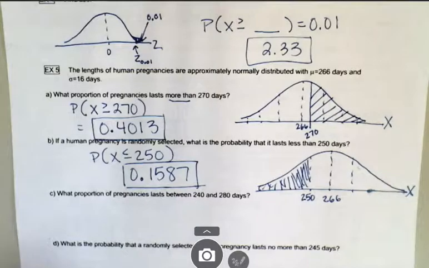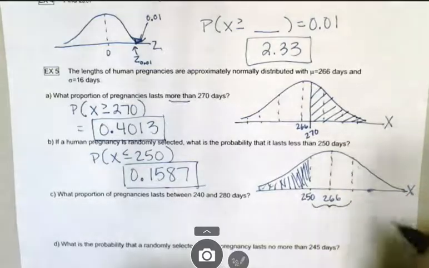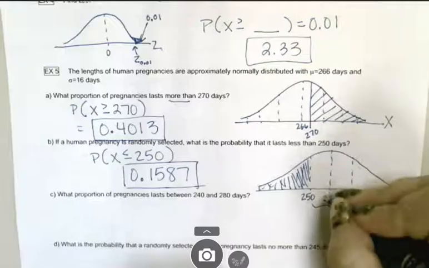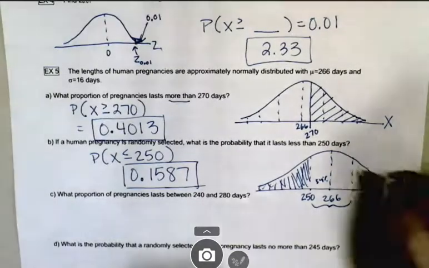Now, this is a good opportunity to notice that the empirical rule is pretty accurate here. StatCrunch is using sophisticated programming and calculations to get a very exact answer. The empirical rule is an approximation that tells us that if it's normally distributed, about 68% falls within one standard deviation, which means that this would be 34% approximately.